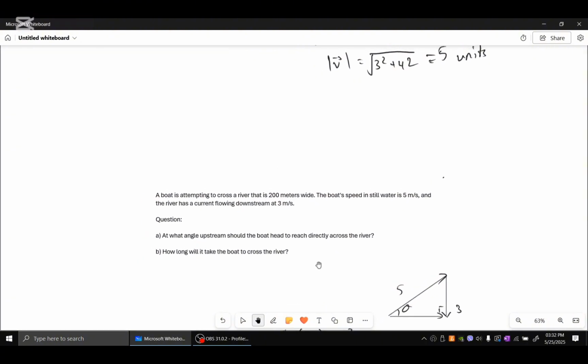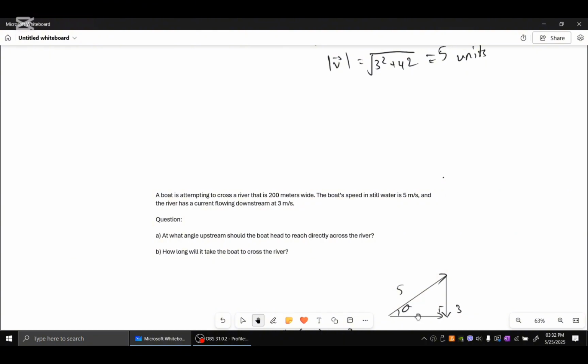Now, the important thing to keep in mind here is this 5 vector is going to be the boat. What angle does this 5 vector have to be at for the boat to reach directly across? To clear up, this 3 is going to be the downstream effect of the river.